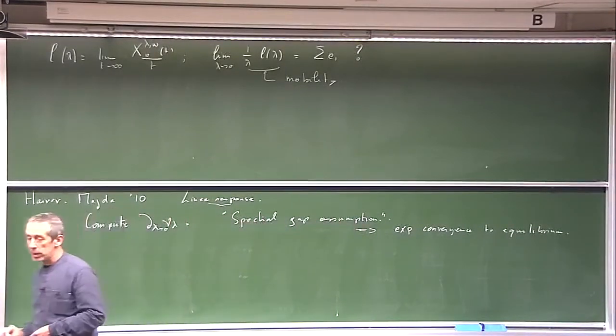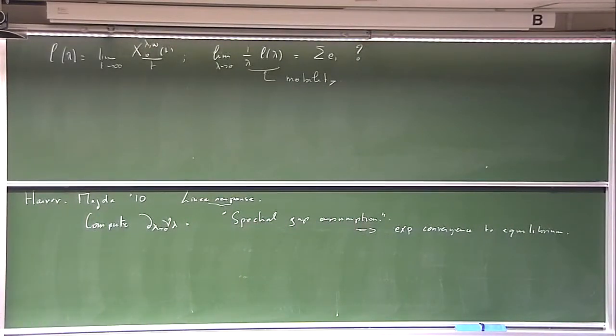Now, one more remark about this paper. It might be of some interest to you to know that the motivation of Hairer and Majda is related to the analysis of climate change.